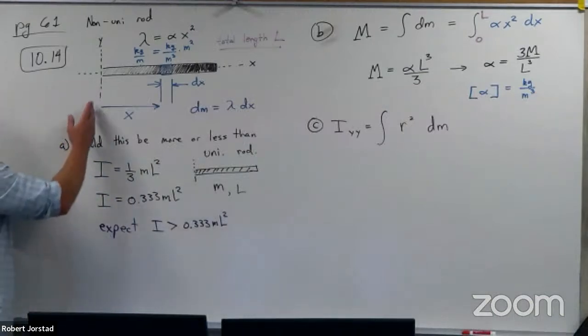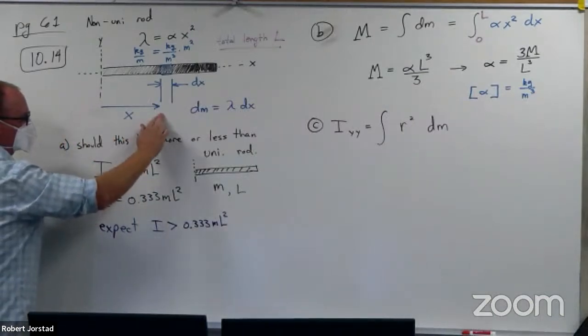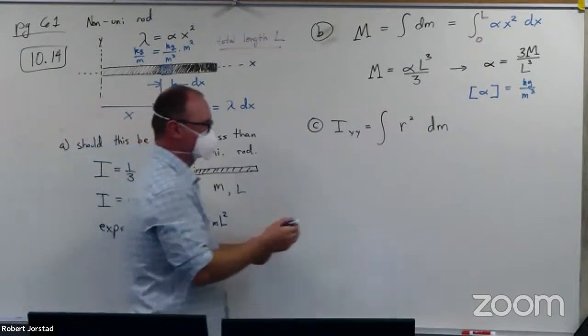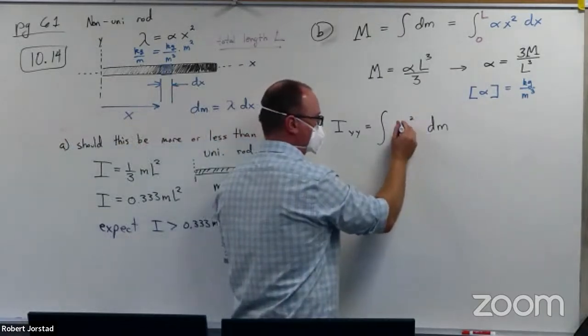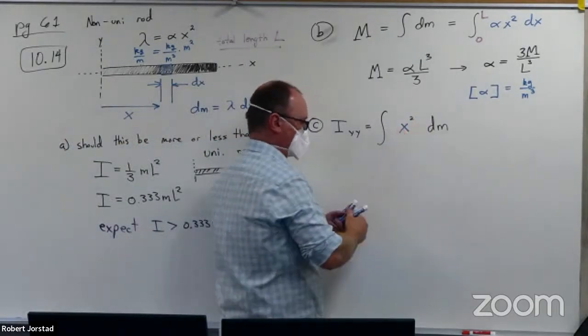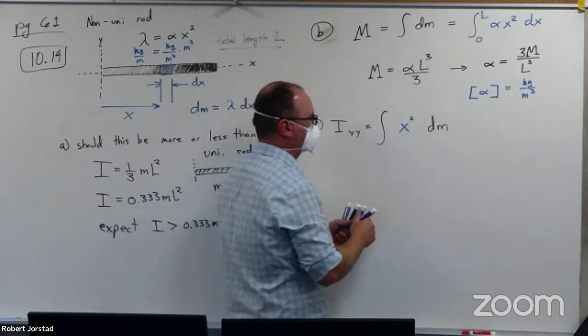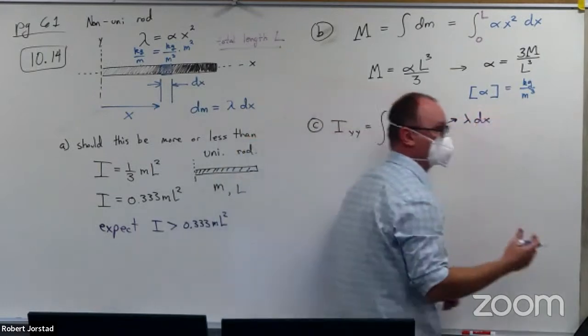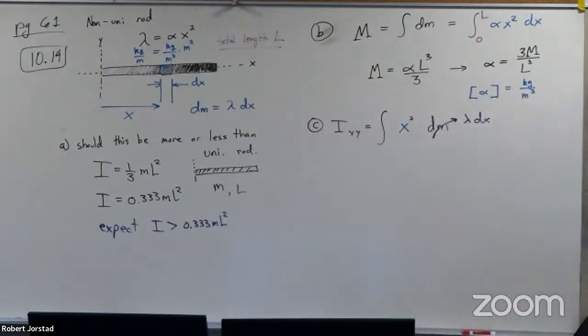What is from the axis to my slice? x. So I can rewrite r as x. What is dm? Lambda dx again. Same old shark sandwich.